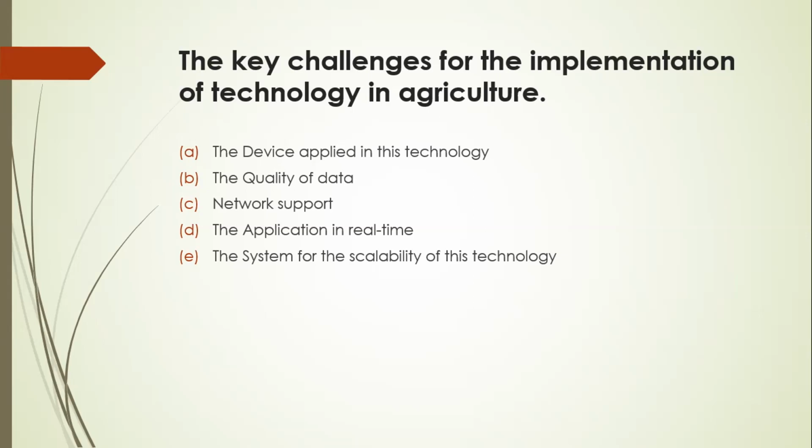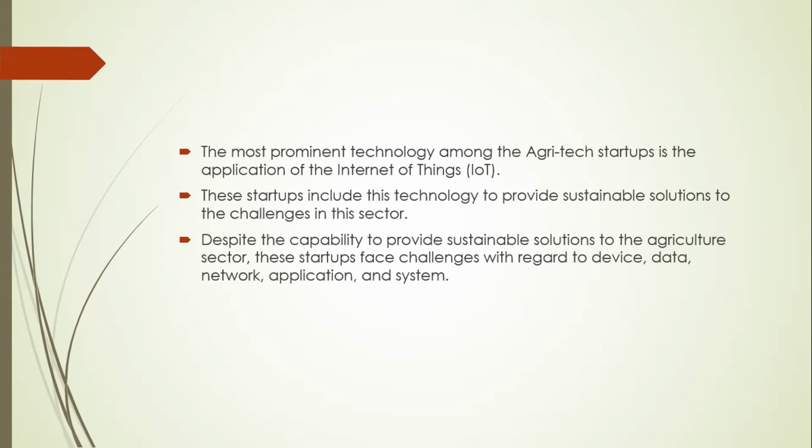Then we went on to survey various startups to understand what the major challenges are out of these five that we have listed, what challenges they are facing, and how they resolve them. The most prominent technology among agriculture startups is the application of IoT.